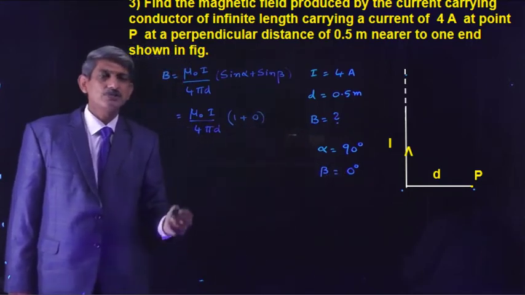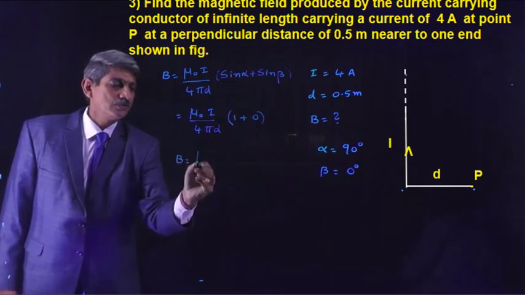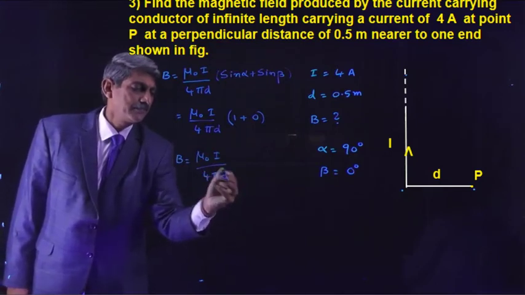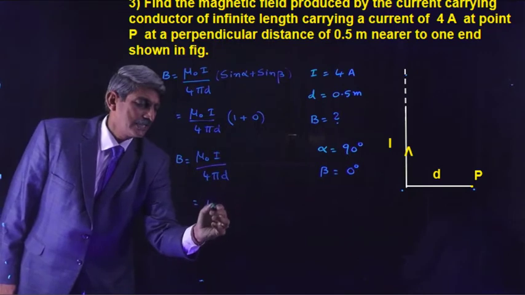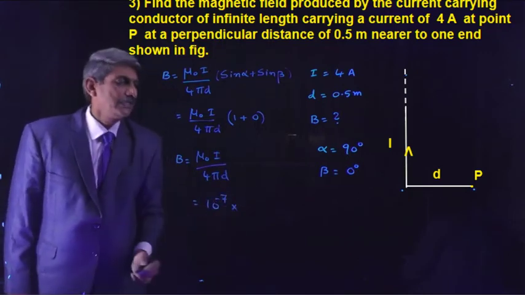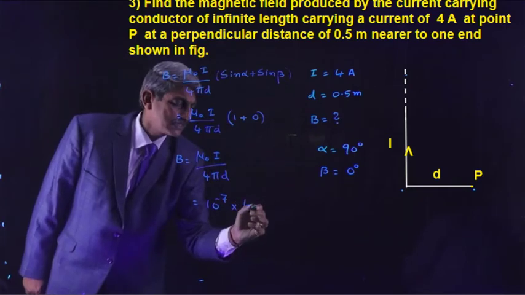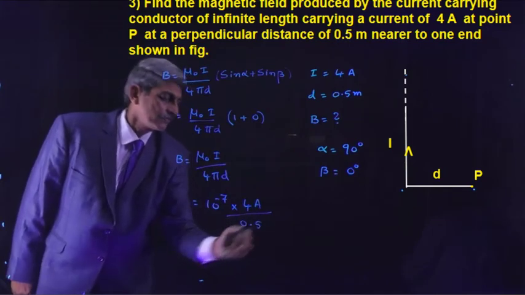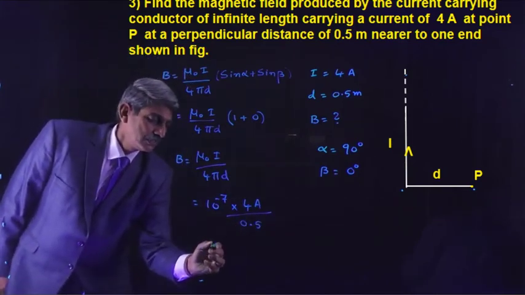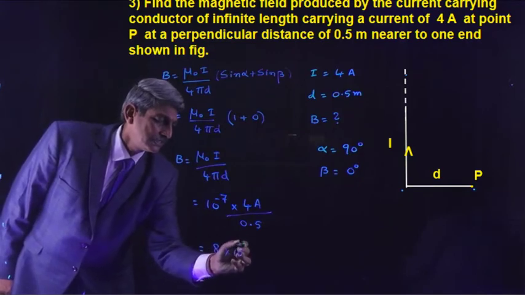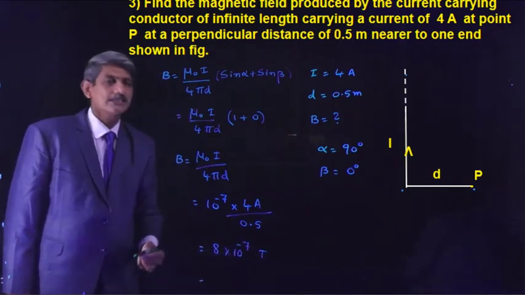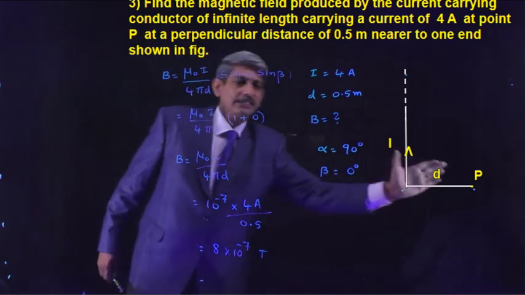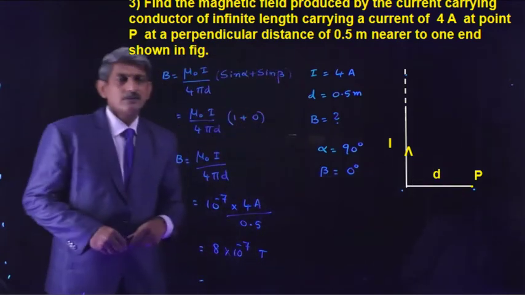So 1 plus 0 is equal to 1, so that B is equal to mu naught I divided by 4 pi d. This is equal to 10 to the power of minus 7 into I is equal to 4 amperes divided by d is equal to 0.5. So this is equal to 8 into 10 to the power of minus 7 Tesla. Here also the direction of the magnetic field is directed inwards according to the right hand palm rule.